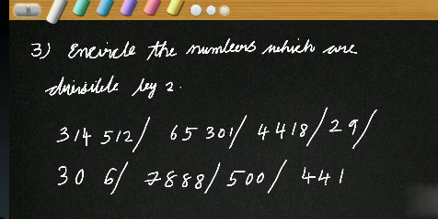These are the given numbers. So among these numbers we have to encircle the numbers which are divisible by 2.